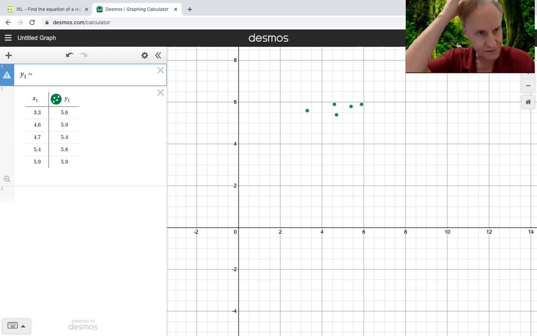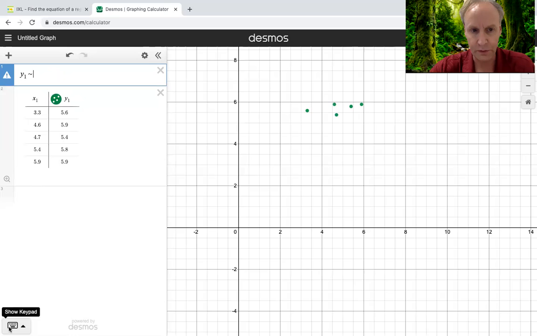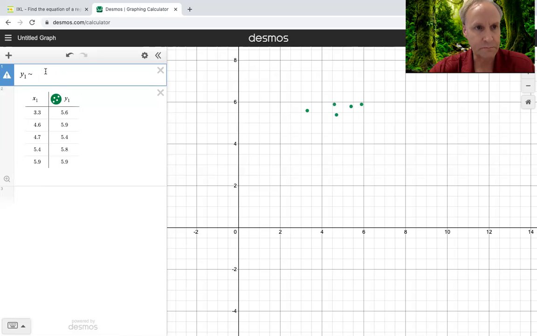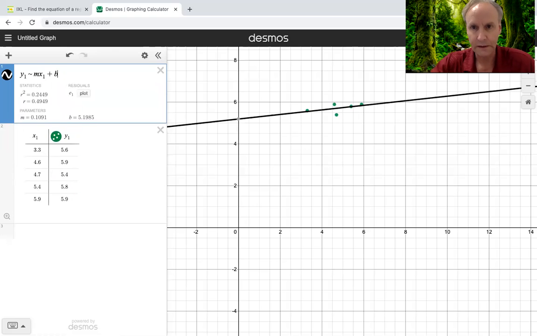The tilde is next to your number 1 up in the upper left-hand corner of your keyboard. You can also use their keyboard if you want, and it's located right here in the ABCs. So if you want to use their keyboard, you can. It's m x1 plus b.